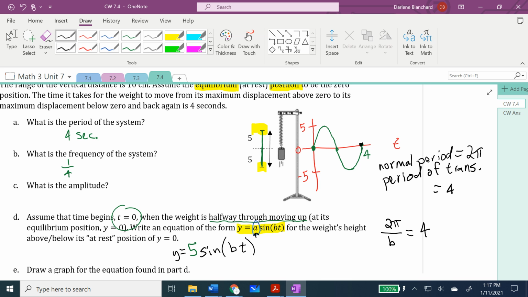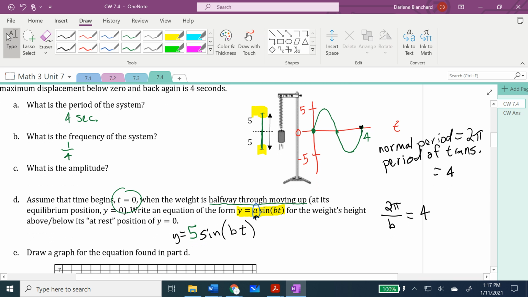And that will allow you to find what your b is. So what does this end up making our number b? 1/2 pi. And so I can write it as times pi over 2.